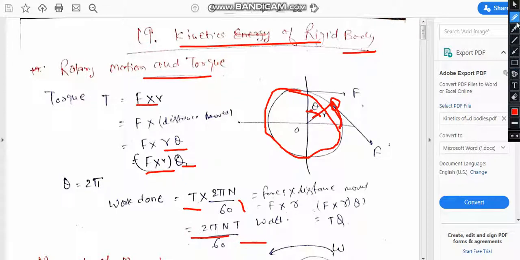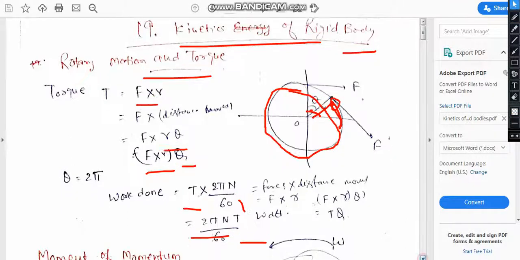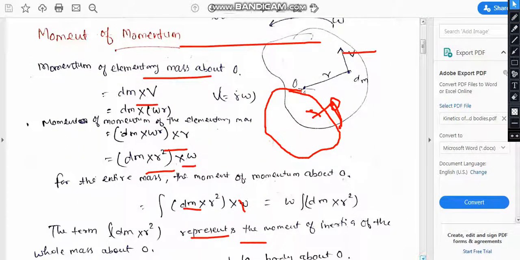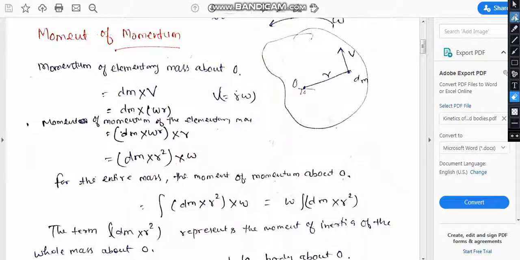Now, moment of momentum. First of all, we should know the momentum of an elementary mass about point O, that is, the mass point dm times v. So dm times v is equal to dm times r omega.